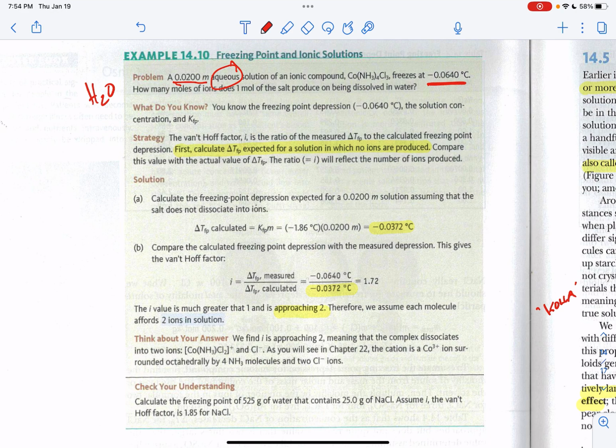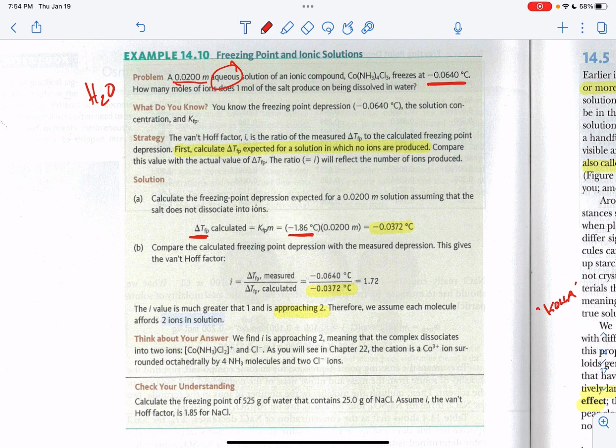So our first strategy is to find out what is that change in freezing point. And so we need the constant for our solvent, which is water.